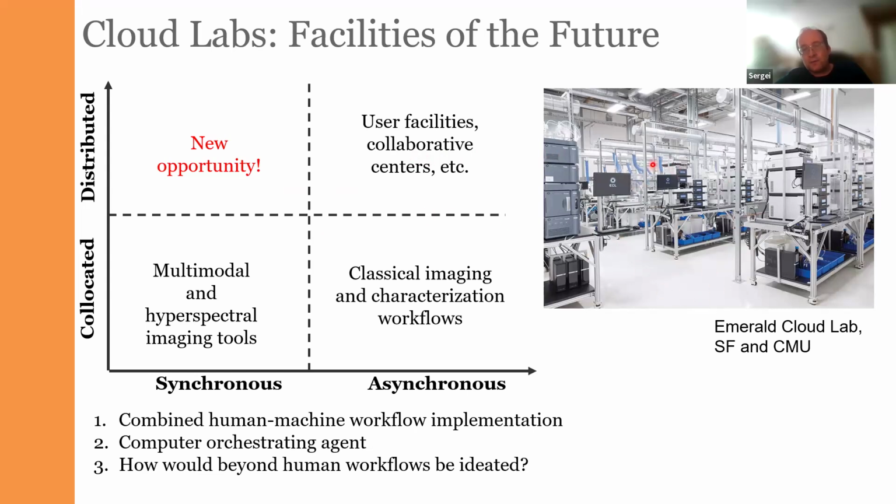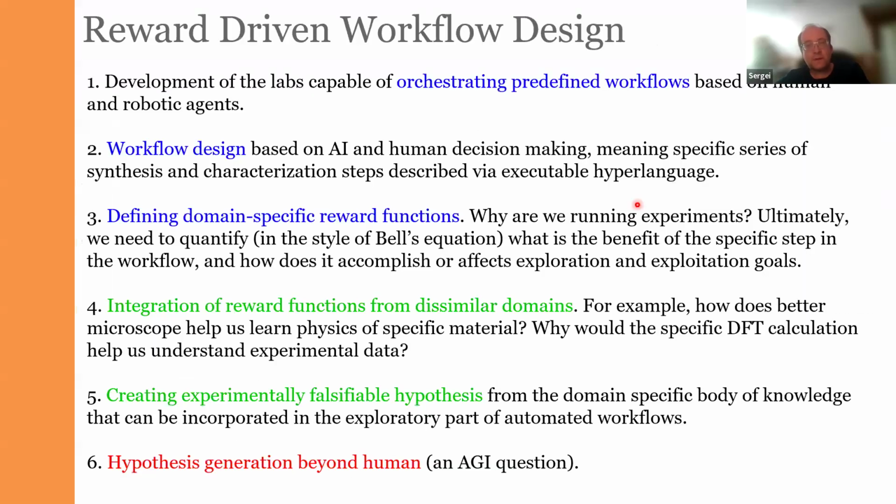There are places like Emerald Cloud Lab, with one example at Carnegie Mellon, another moved from San Francisco to Texas recently. Basically, you can have access to all the equipment for, let's say, organic synthesis in the same place. But you need to provide the workflow that will tell this equipment what to do. And that, of course, is a challenge. That's why we had this course.